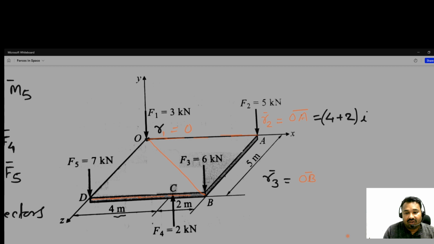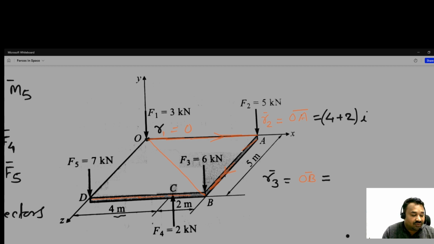To reach B, we need to move along the x direction, then in the z direction, parallel to z.